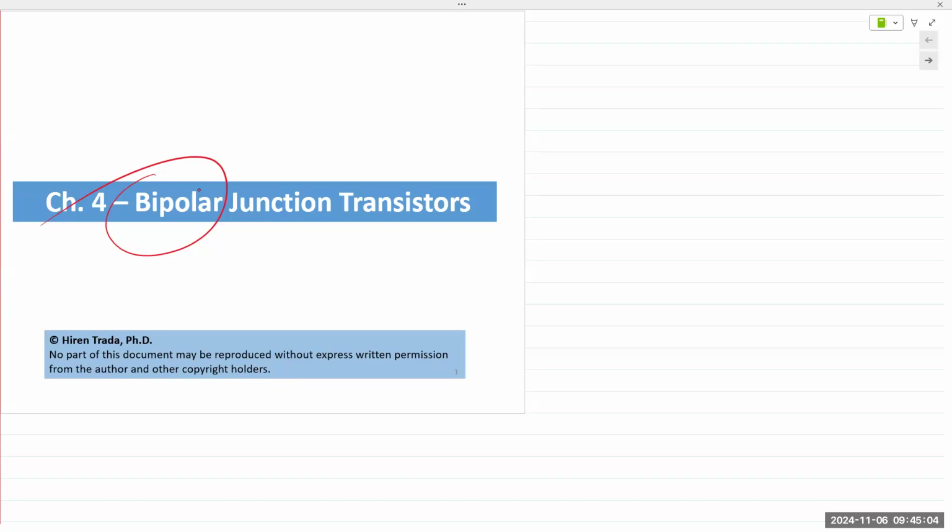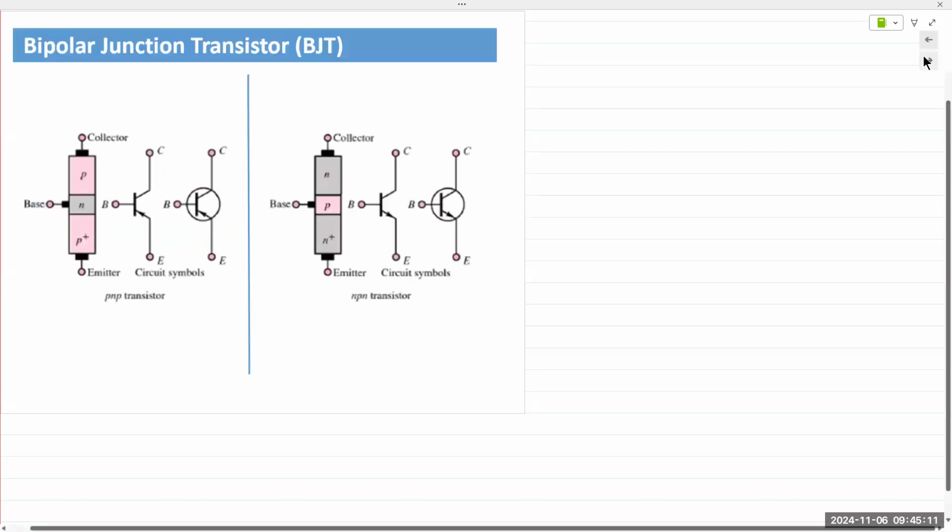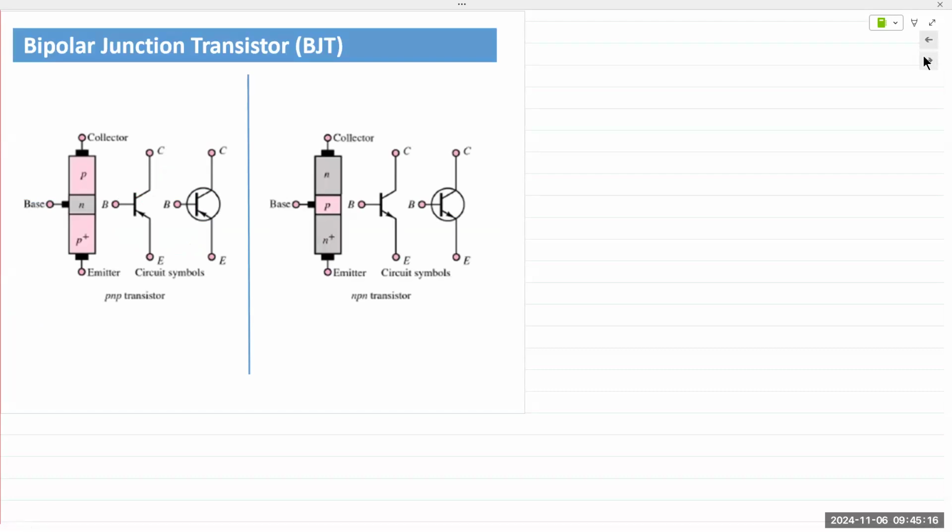Bipolar junction transistors or BJTs are created from 2 back-to-back PN junctions. The third terminal is part of the device structure. It is not added on separately like a FET or a MOSFET. So a BJT is essentially 2 PN junction diodes connected back to back. If the common region is N, then we have a PNP transistor.